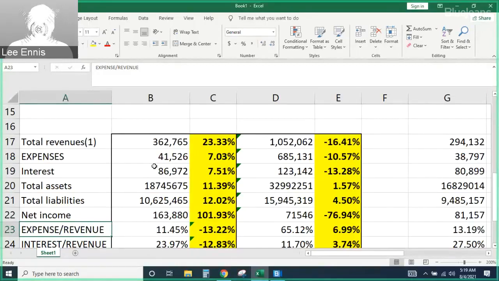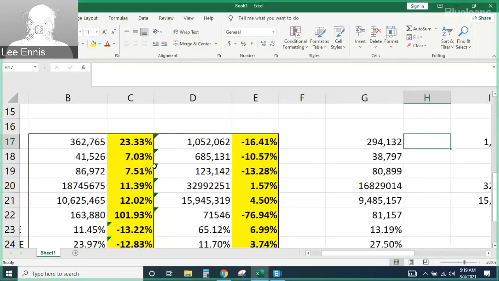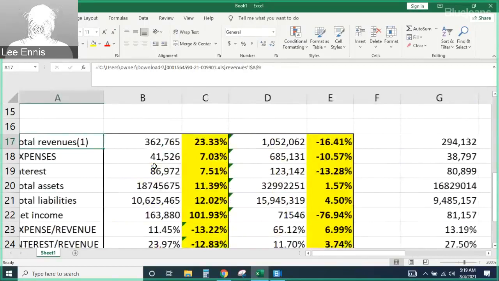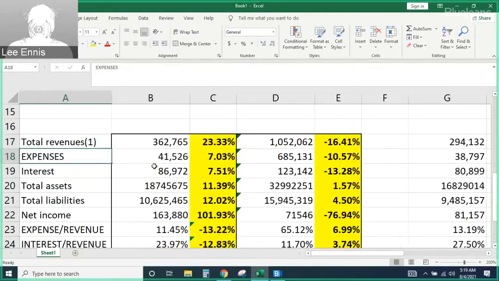And so here we see revenues increased quarter on quarter for MPW. For Welltower, we see a decrease. Again, it goes back to the PE ratio, which points me even further to MPW. Expenses increased for MPW, decreased for Welltower. Interest increased for MPW, decreased for Welltower.